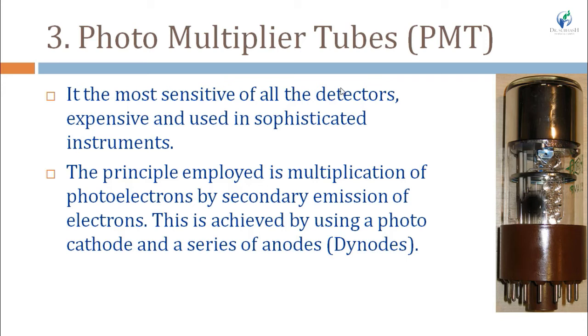Right? Here the principle is suggested in the name photomultiplier tube. The principle is multiplication of photoelectrons, and this multiplication is achieved by secondary emission of electrons, using a cathode and a series of diodes.